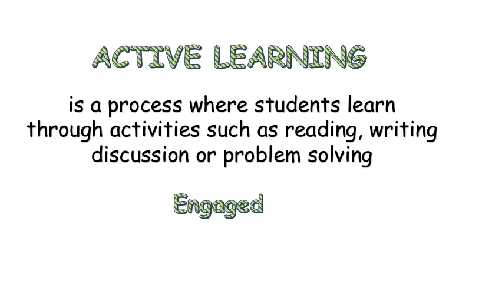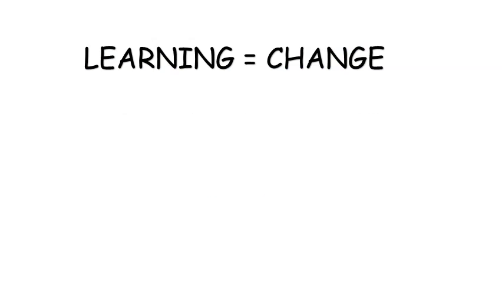So maybe we need to look at what learning is. Learning is a change in knowledge. That change is caused by an instructional episode, and the change is in what we know. Makes sense, right? Okay, stay with me.